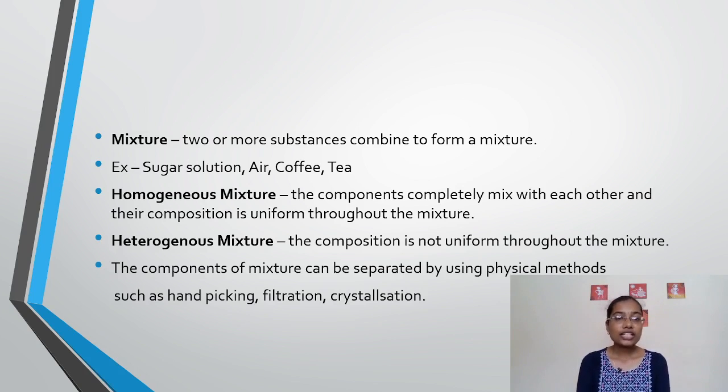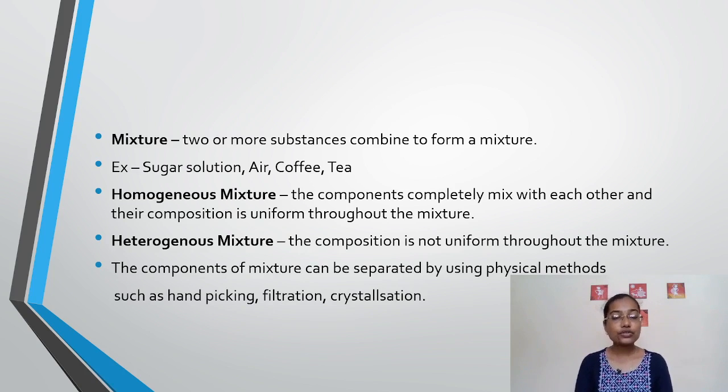Next one is homogeneous mixture. The components completely mix with each other and their composition is uniform throughout the mixture. A homogeneous mixture is a mixture of two or more components that are completely mixed with each other, with uniform composition throughout.